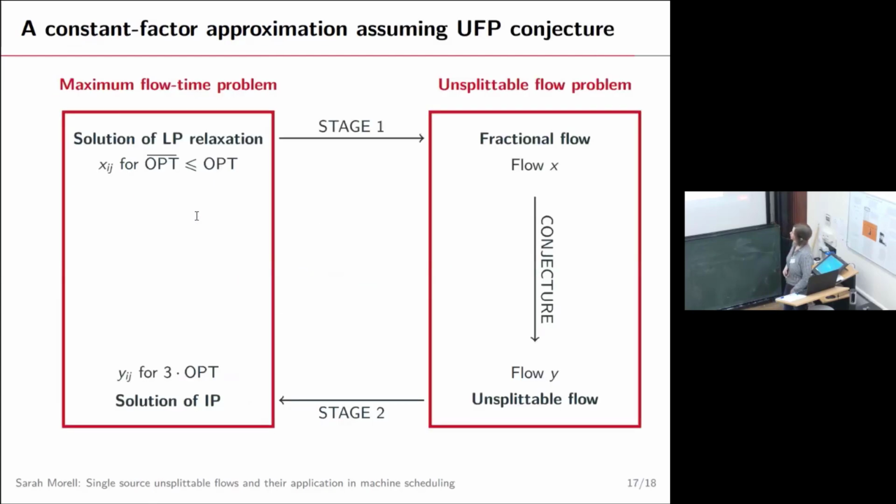Okay, so what did we do? We started with this solution of the LP relaxation. So we had this instance Xij that corresponded to the optimum we could achieve in this LP relaxation. We reduced the maximum flow time problem to the unsplittable flow problem, which was shown by this construction of a graph.